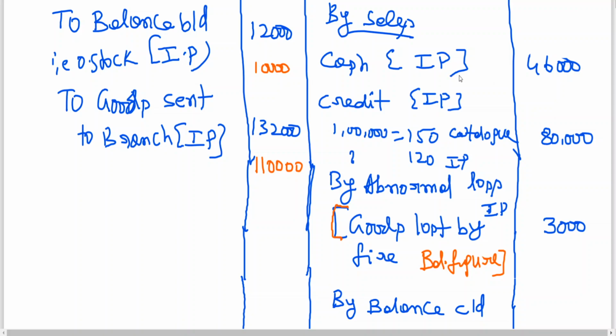This 46,000 is at invoice price, 46,120. 100 how much? 46,000 into 100. I am converting everything into cost price. If I convert, you still get the same answer, to cross-check. 46,000 is equal to 120. 100% how much? 46,000.